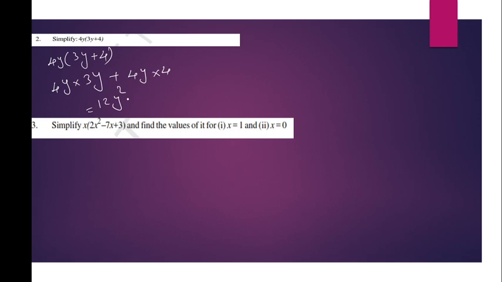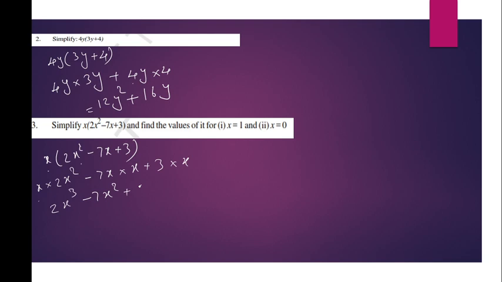Now look at this third one. Simplify x into 2x square minus 7x plus 3. Now according to distributive law, multiplying a monomial with a trinomial. X into 2x square minus 7x into x plus 3 into x. X into 2x square, 2x cube minus 7x square plus 3x.